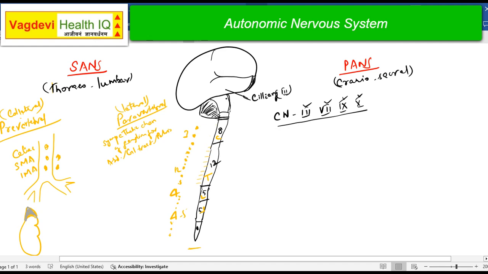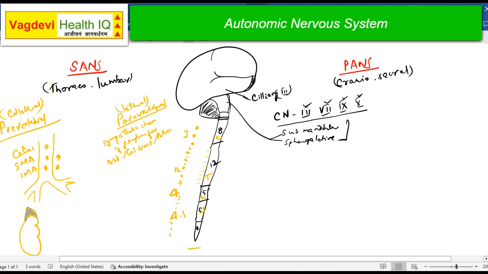And cranial nerve 7, basically 7 is for what? 7 is the facial nerve, a very big and very important nerve. Here it is important for the submandibular and sphenopalatine ganglia, these two.